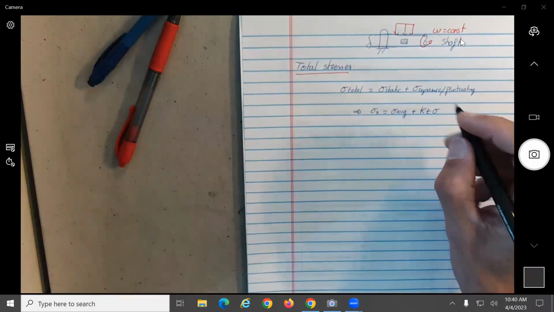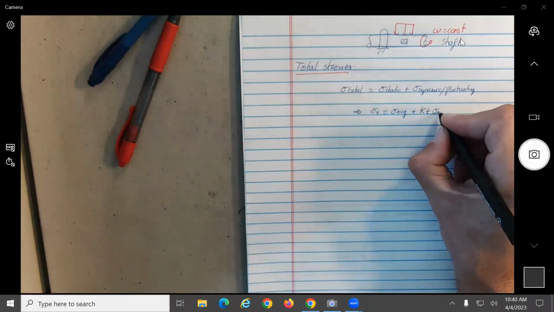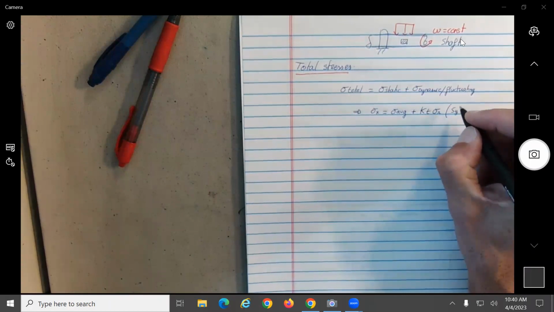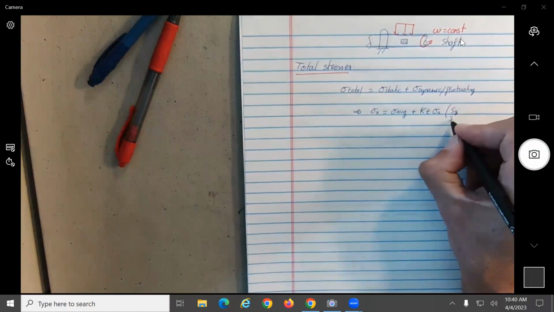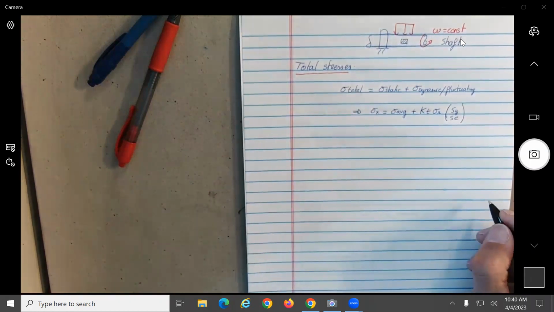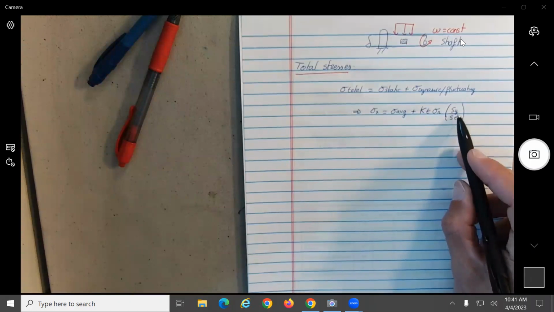Here I'm just going to use the notation sigma sub R, and this should be S yield divided by S endurance. Is that what sigma R is? Is that yield or S endurance? S is endurance, S sub Y is S yield.